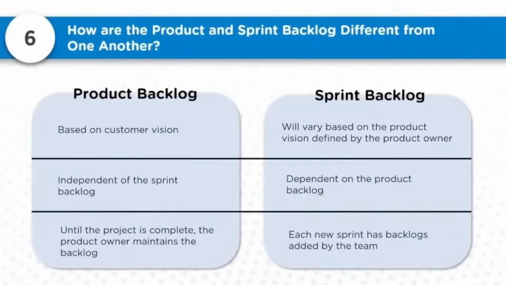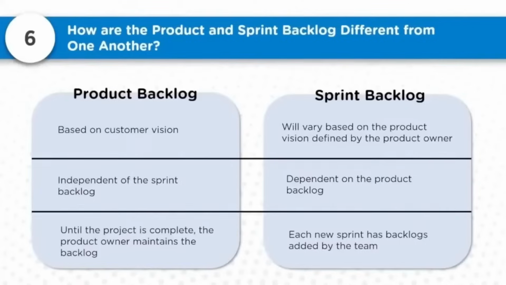So the prioritized list you take from the product backlog. The product backlog is independent of the sprint backlog, whereas the sprint backlog is dependent on the product backlog. The reason we know already, I explained. This is the prioritized list of backlogs we take from the product backlog and create this specific product as part of the sprint, which becomes the sprint backlog.